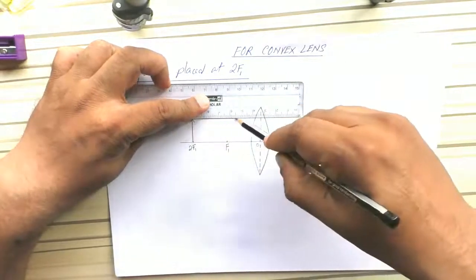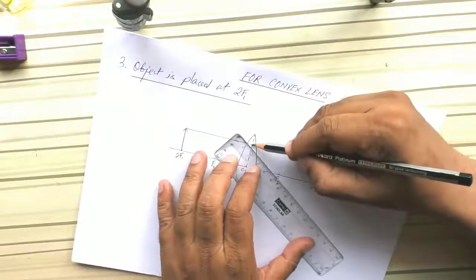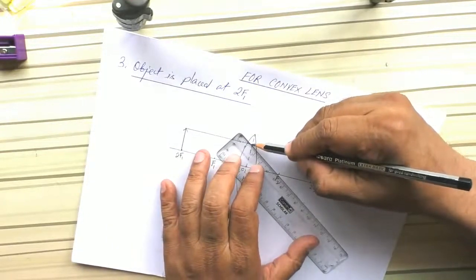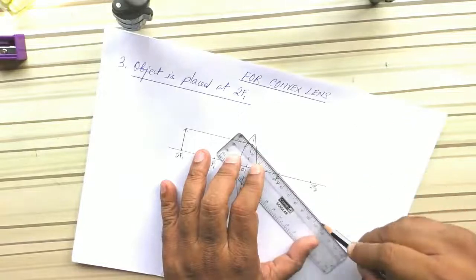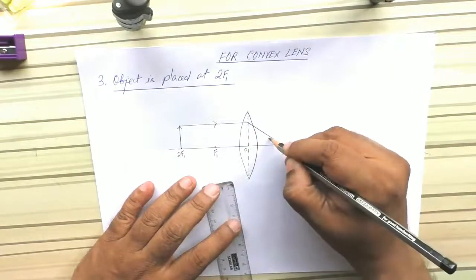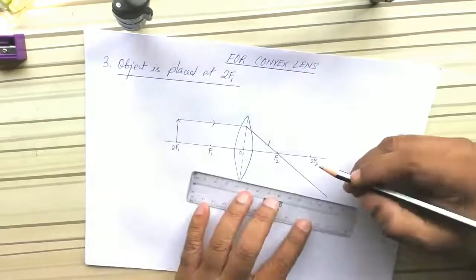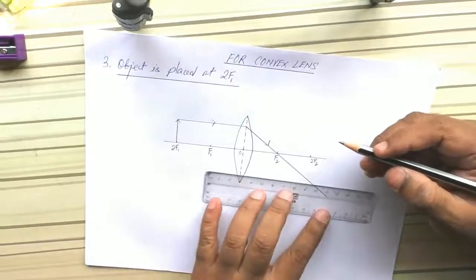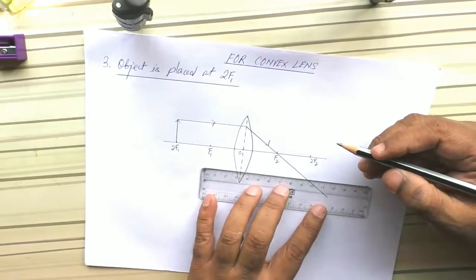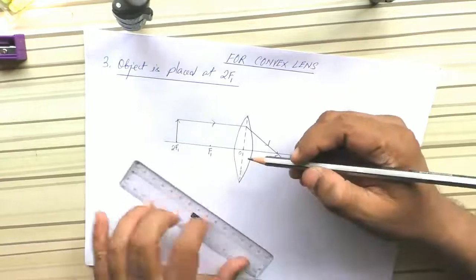A ray of light incident parallel to the principal axis. According to the rule, we know that it passes through focus. And if a ray of light incident after passing through focus, I will draw that. Before that, I am doing one marking that will help me to draw the diagram properly.